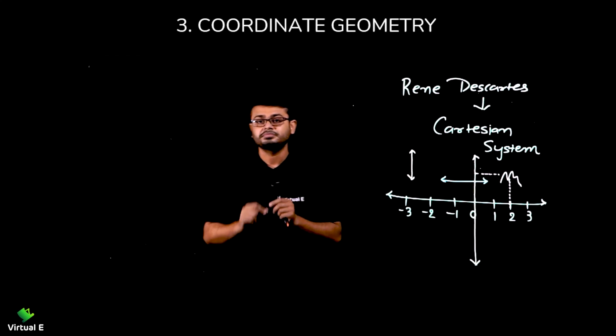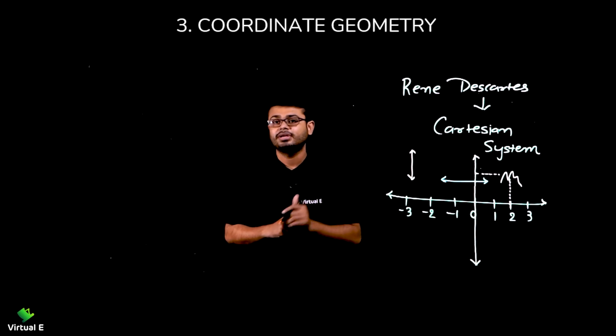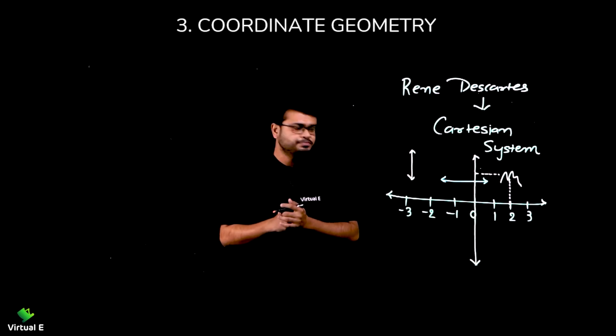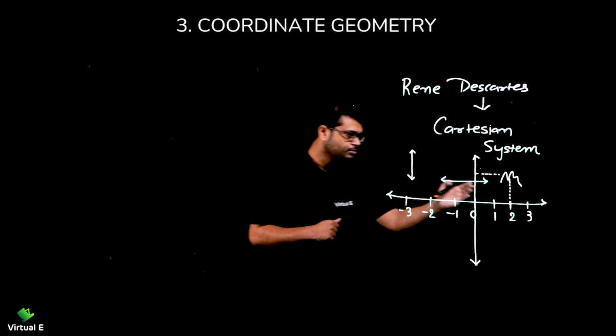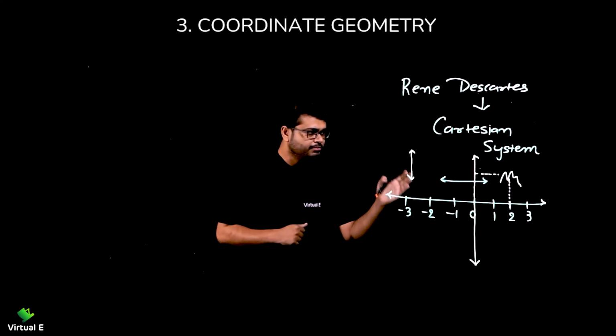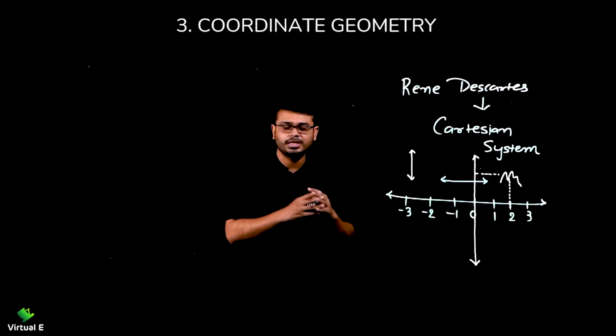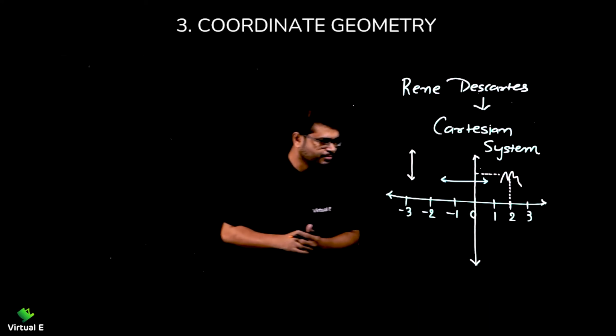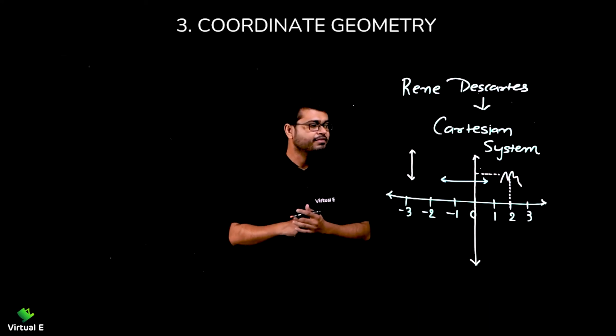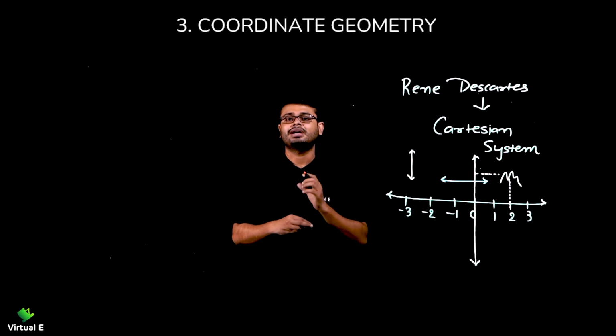This is how helpful this particular branch of mathematics is. So we are going to learn how to understand this, how to give numbers. We have proper names as well, so we can understand the concept of it. The next topic we are going to learn about is the Cartesian system.